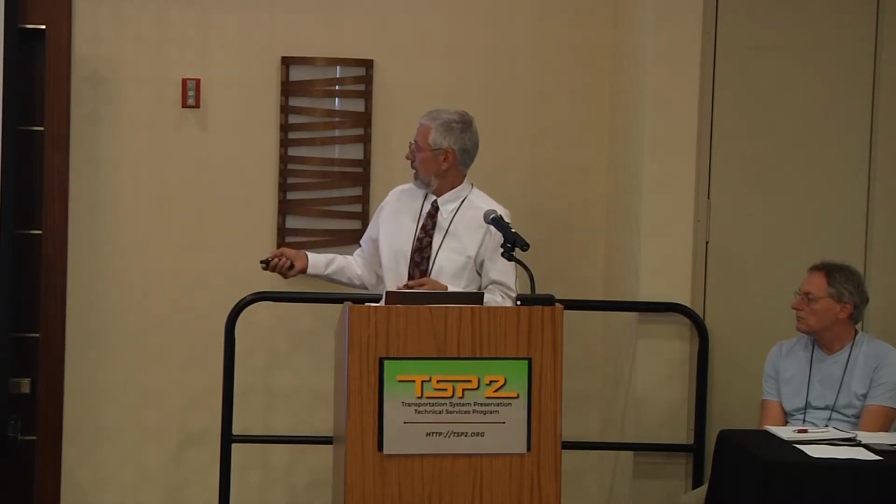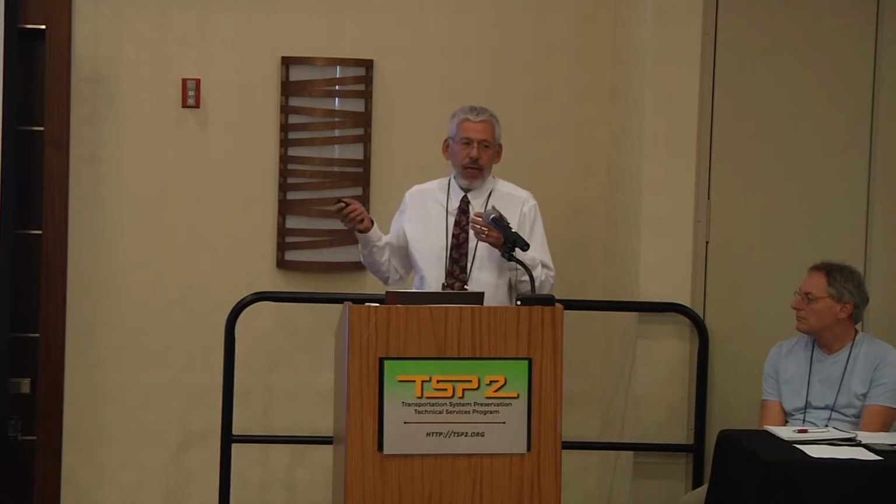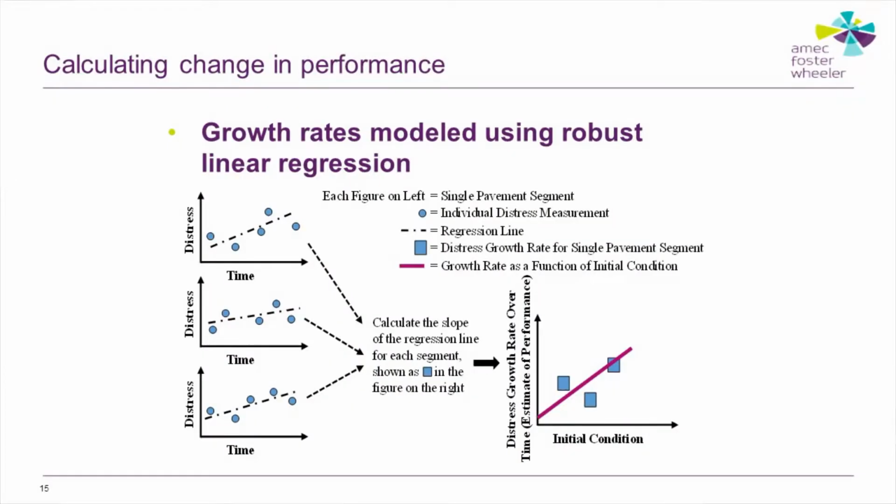Moving on then, so we can do a very good job, and the data are there to establish that initial jump. So now the second part is the long-term effects of preservation treatments. And here there's different ways that you can do it. The way we did it is we basically, for a given pavement segment, took the pavement condition history over time, and we developed regression. We found the slope, or better yet, the growth rate for that particular distress.